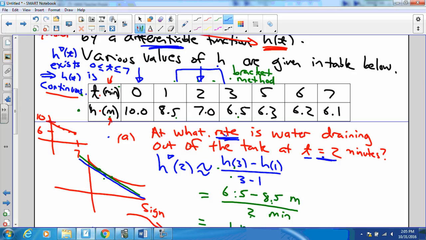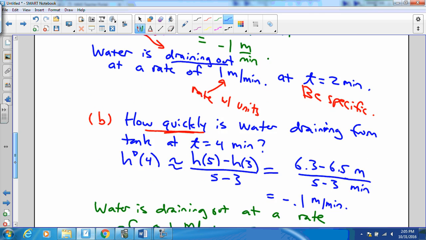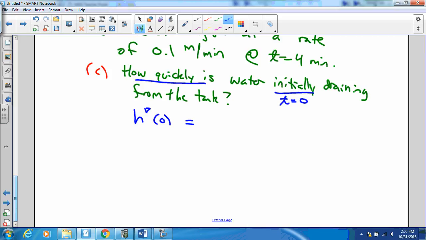Okay. Now, here's the second little thing that's kind of unusual. And that is that when I go to t equals 0, I don't have anything to the left. No information whatsoever on the left. So I'm going to handle this by going only to the right and using that as my left flank right there.